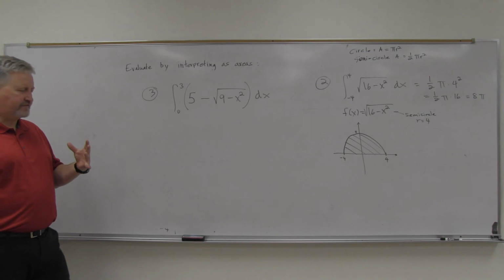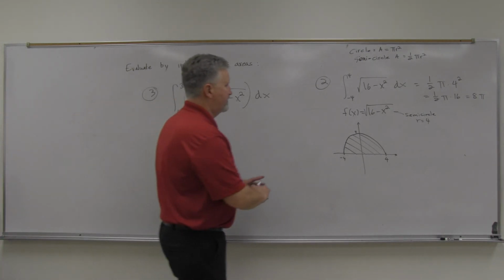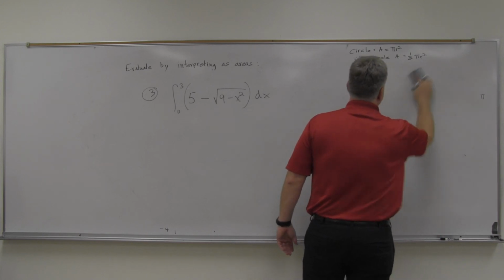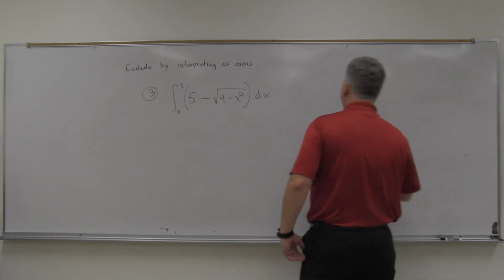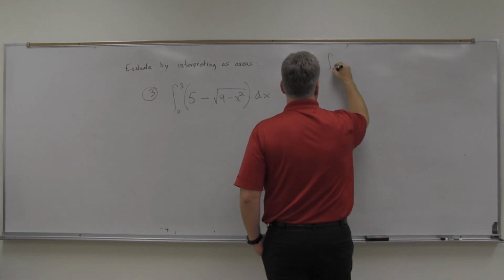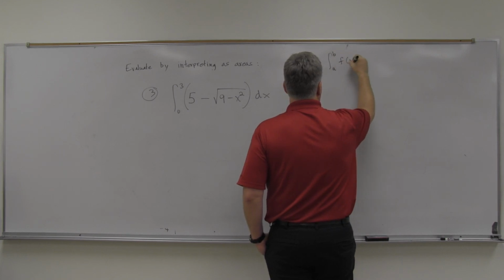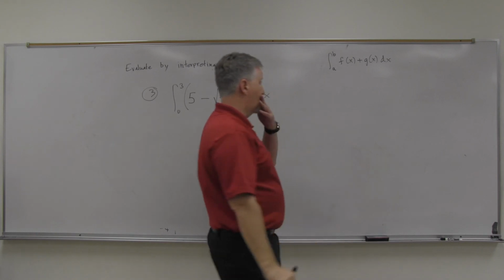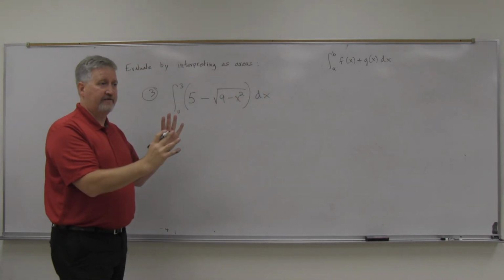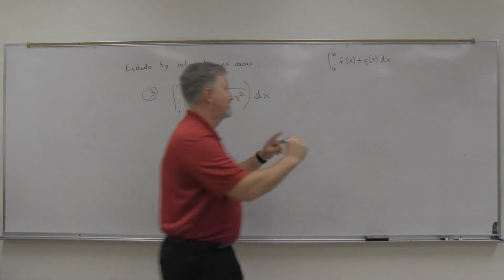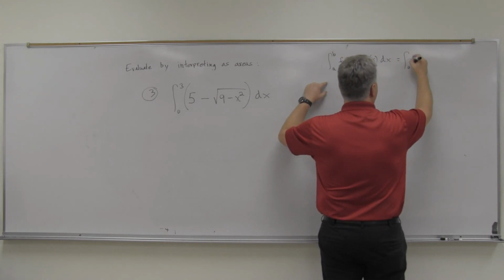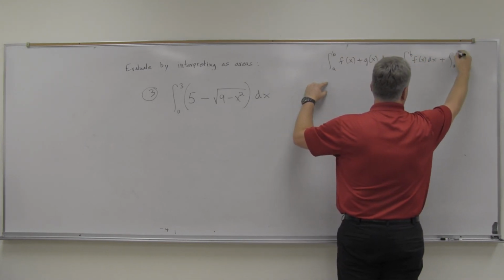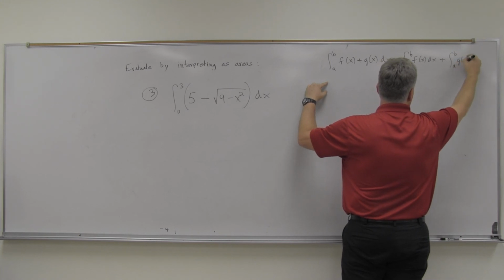We'll talk more about these properties later on, but what I need to tell you is that if I've got two functions, the integral from a to b of f of x plus g of x, if I've got two functions added together, good news, that does equal the integral from a to b of f of x plus the integral from a to b of g of x.